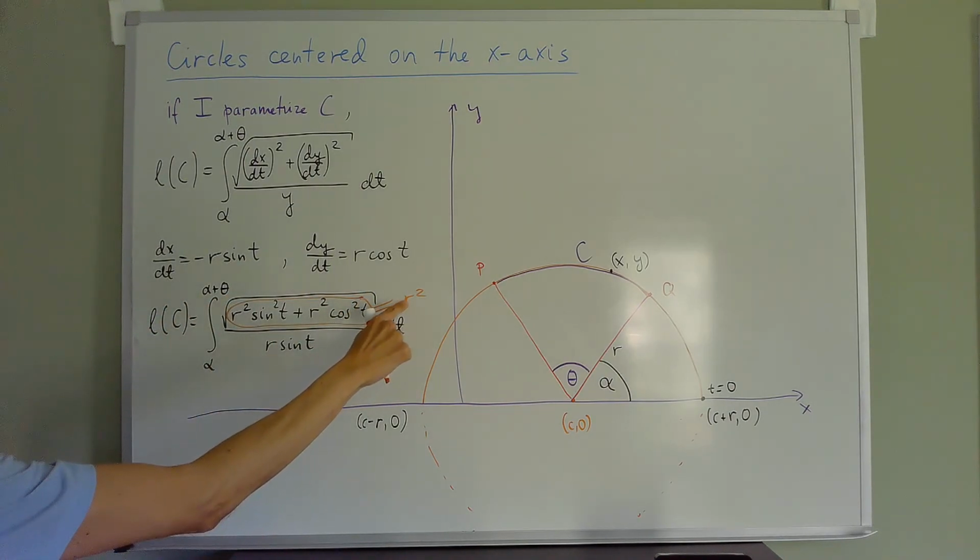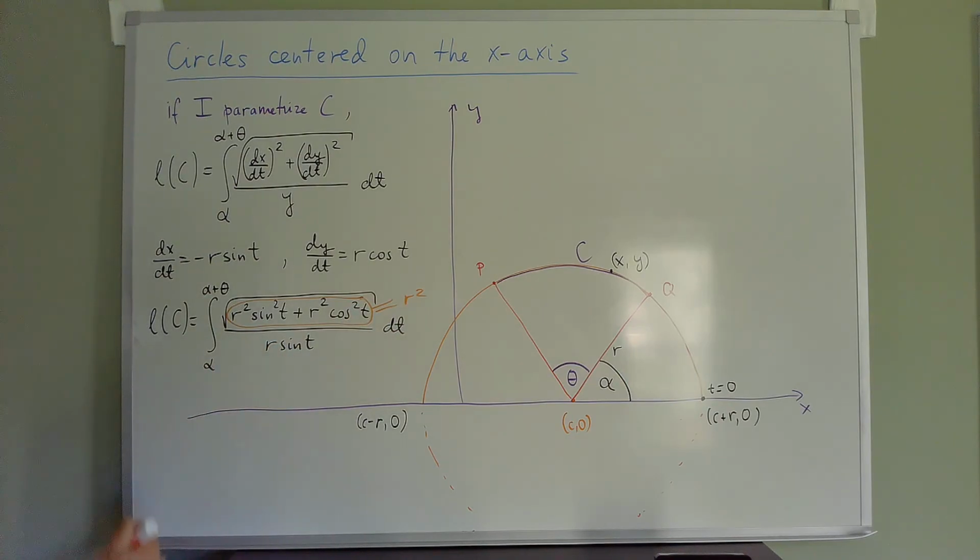I take the square root of r squared, I get r, and then it cancels with this r at the bottom. So this length is just the integral from alpha to alpha plus theta of 1 over sine t dt. So that's just an integral of cosecant of t.